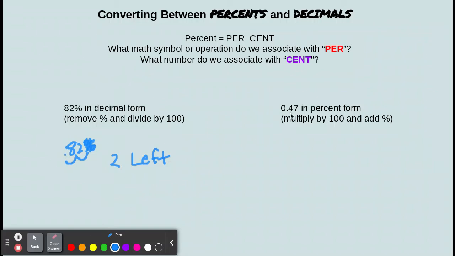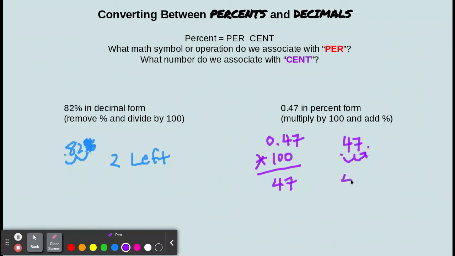Okay, and then to move a decimal into percent form, do the opposite. You're going to take that number, that decimal, and you're going to multiply it by 100. Okay, and that's the same as moving the decimal place 2 to the right.